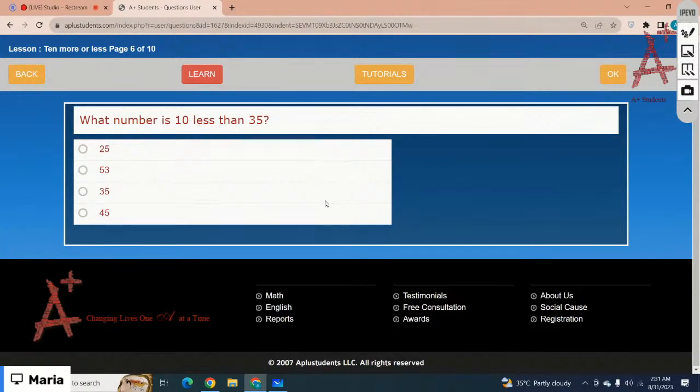So which is at the tens position? 3 is at the tens position, right? So you have to subtract 1, so it would be 25. The correct option is 25.